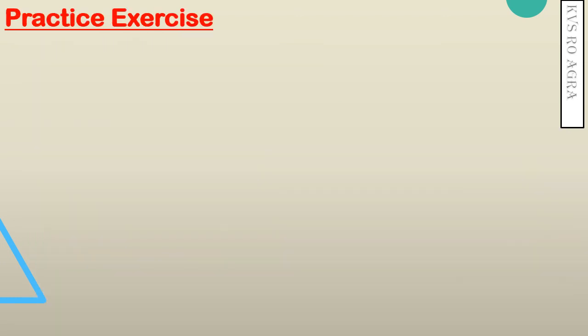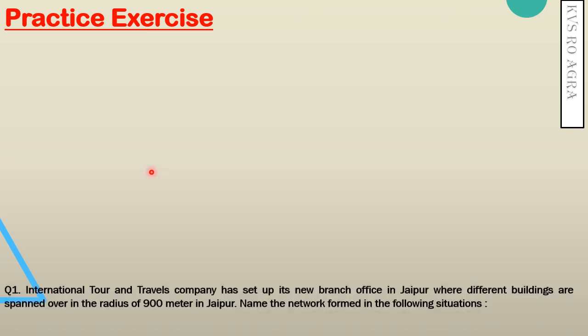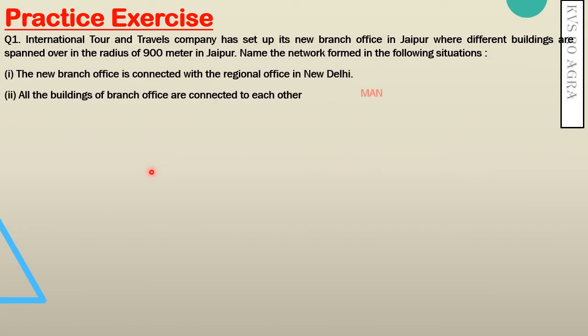Let us test what we have learned through this video. So question 1: there is a tour and travel company which has multiple offices in Jaipur and wants to establish a new office in Jaipur itself. All the offices are in the radius of 900 meters. Now you have to name the network in these situations.